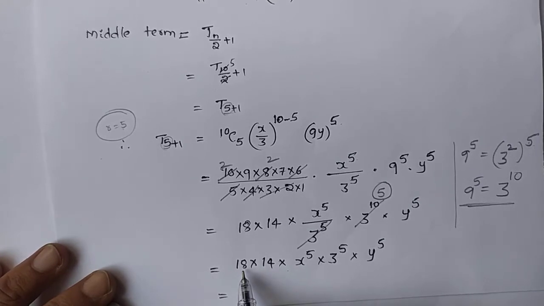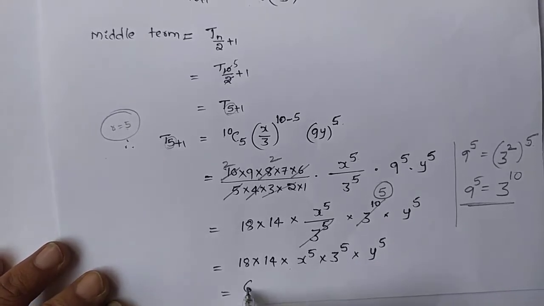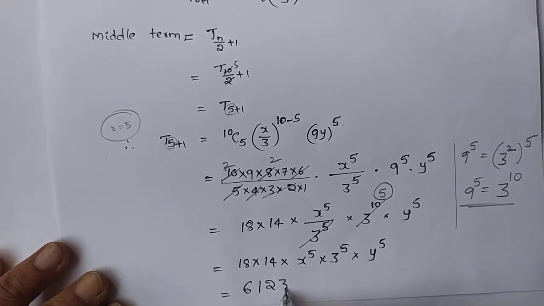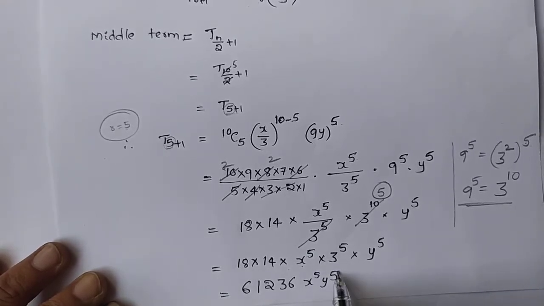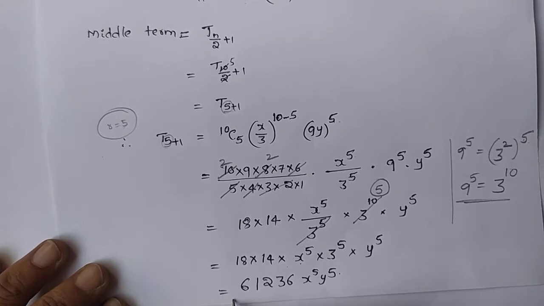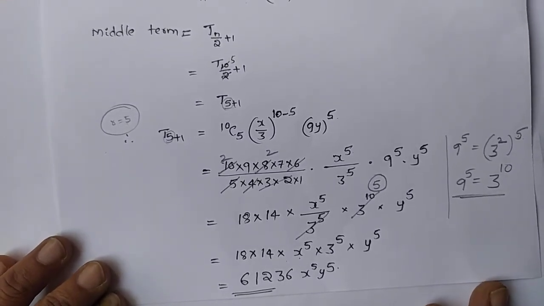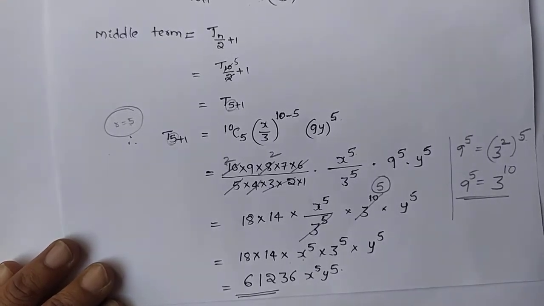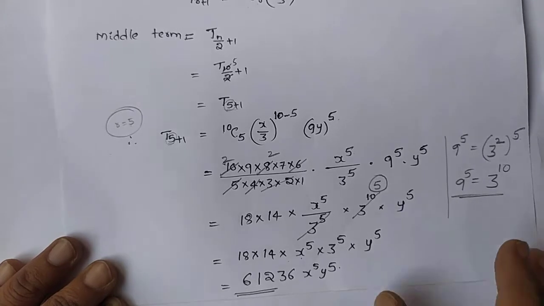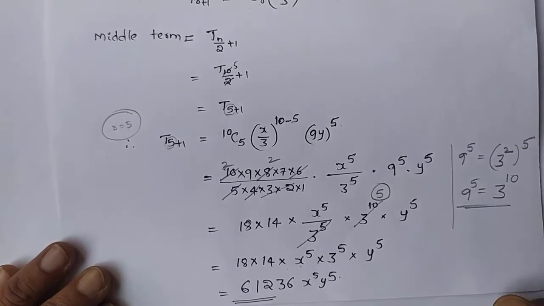So if we multiply 18 into 14 into 3 power 5, how much will it be? 61236 x power 5 y power 5. Hence it is the middle term of the expansion. Do you understand? It is the procedure to find the middle term of the expansion.